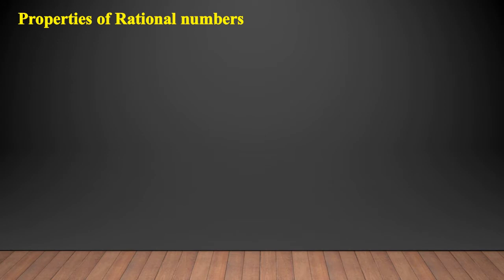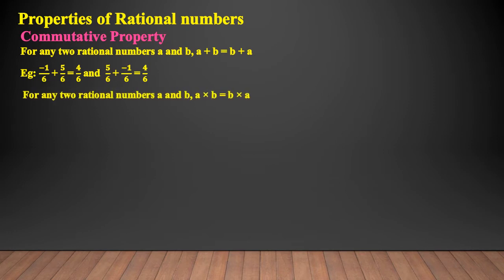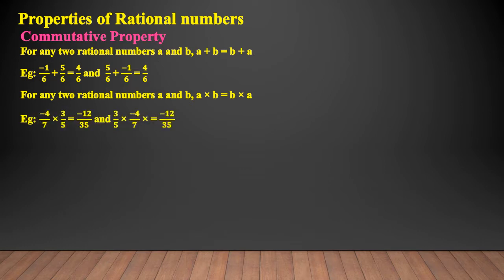Next is the commutative property. You all know it. For any two rational numbers a and b, a plus b equals b plus a, or a into b equals b into a. So you can multiply or add in any order.